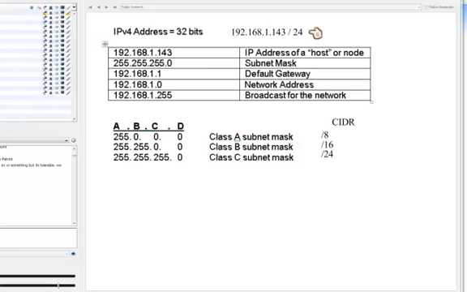So you should know that /24 means 24 bits are used for the network. That's all that means, okay? So I just wanted to throw that out to you now. So that's the first portion of the chart I gave you.